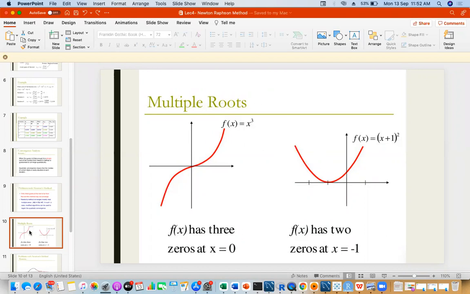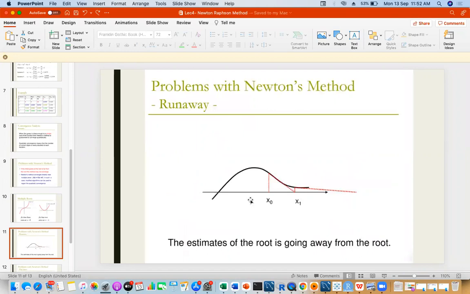Now second case, let us say this problem, we have taken initial guess as x naught here. We will go to this point and we will find the derivative or the tangent. In the next iteration we will get x1, wherever the tangent touches the x-axis, that will be our next x value.